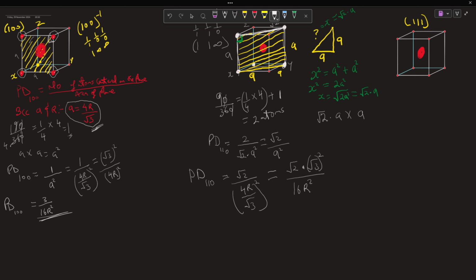So which gives us root 2 times root 3 squared, which is 3 root 2, over 16r squared. That's the answer for our planar density of plane 110.